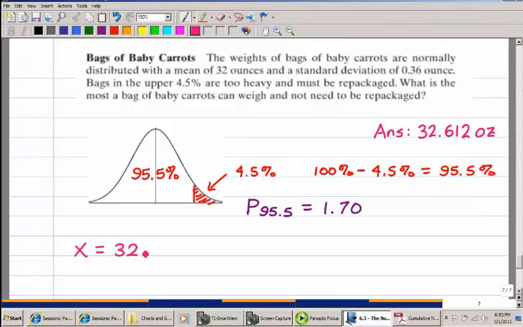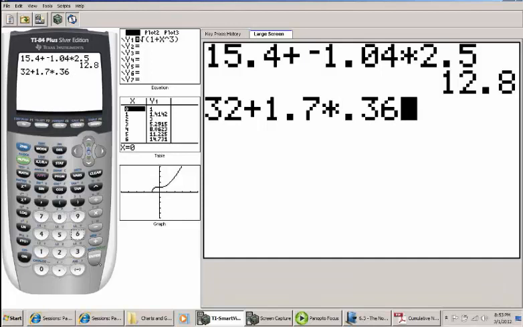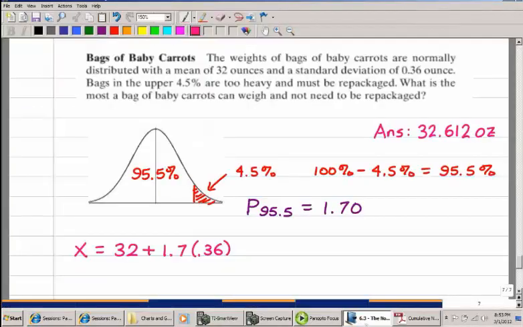X equals 32 plus 1.7 times 0.36. 32 plus 1.7 times 0.36. Looks like 32.612, which is the answer I have written over there. So that looks good.